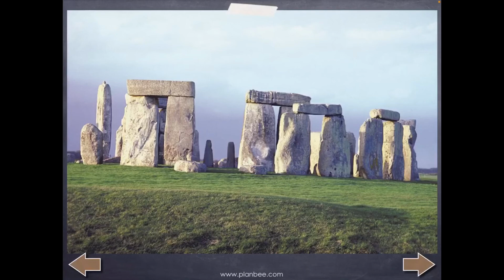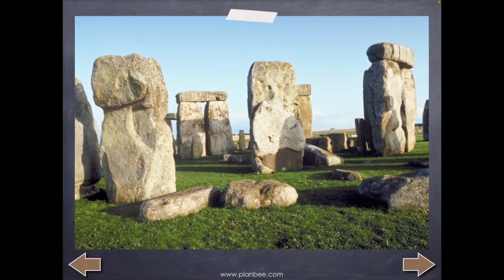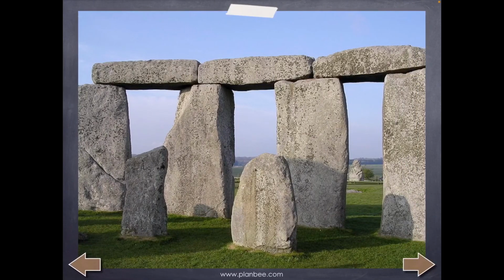I'll give you a minute to pause the video and have a think. Do you think these rocks are naturally occurring or man-made? Do you know how old Stonehenge is? And do you know how these rocks came to be in this place? Stonehenge is actually made from a rock called silcrete, which is a naturally occurring rock, but it does not occur naturally in this area.